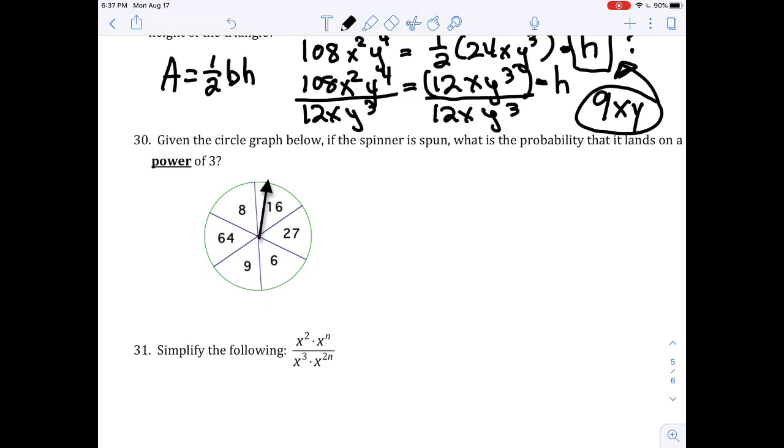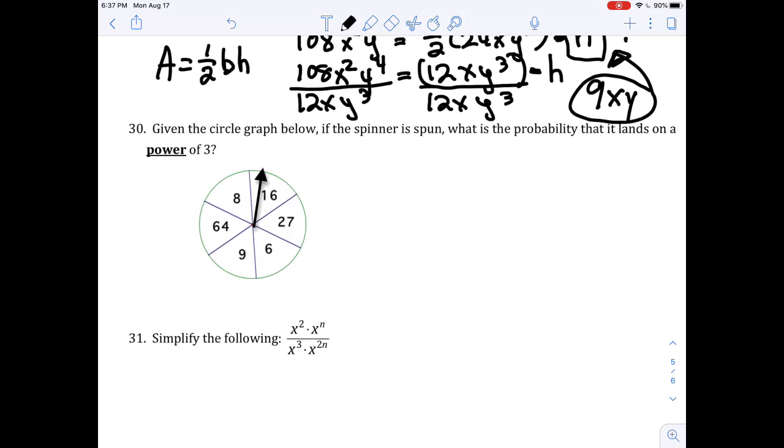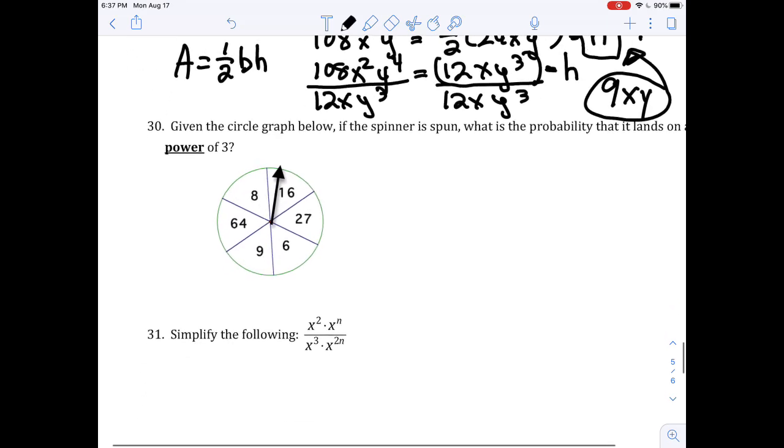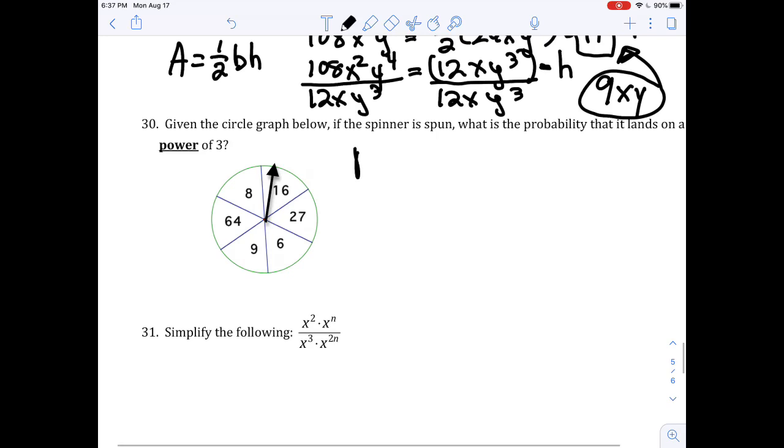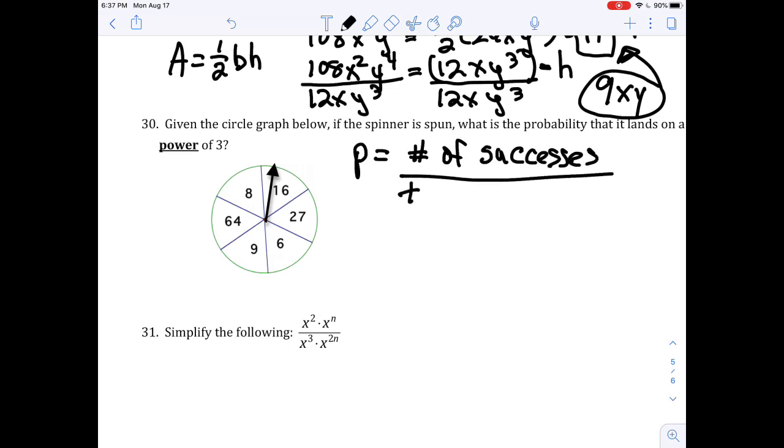Number 30. Given the circle graph, if the spinner is spun, what's the probability that it lands on a power of 3? All right, well, probability is defined as number of successes over total number of outcomes.